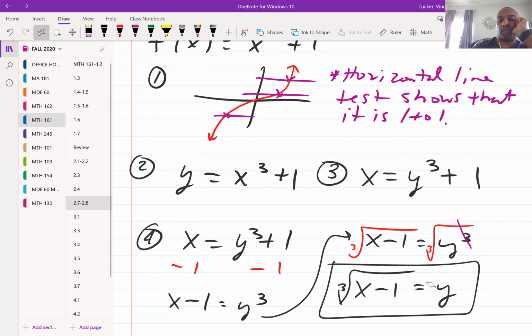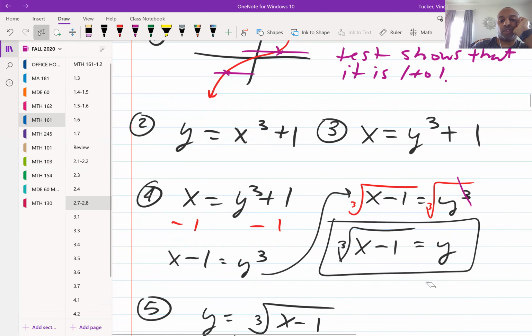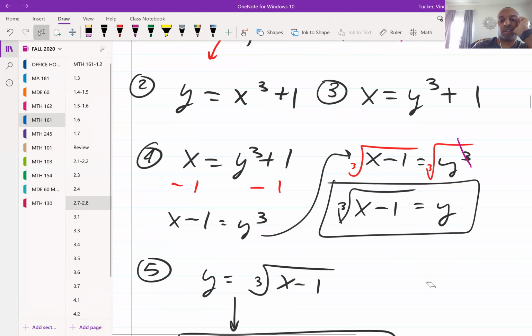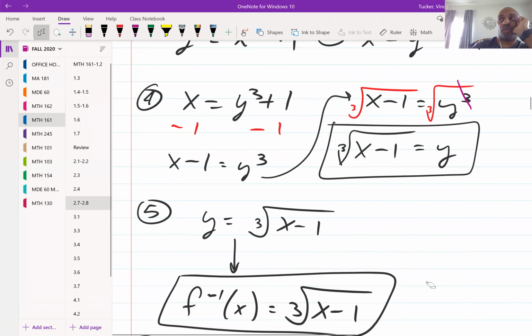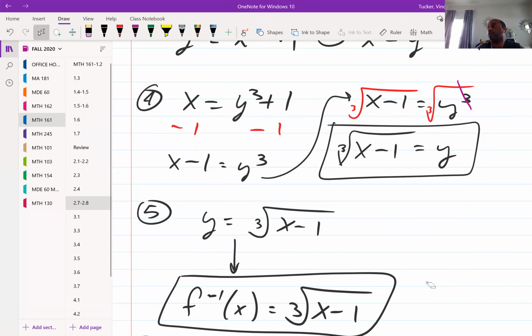Once you solve for y, you replace y with f inverse of x. And that'll be solving for your inverse.